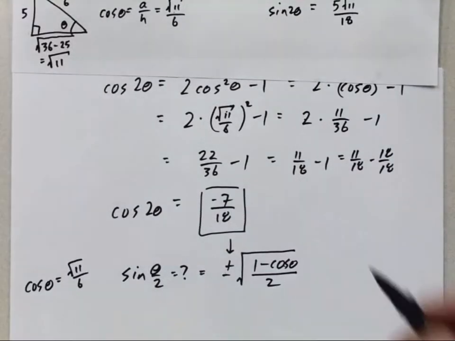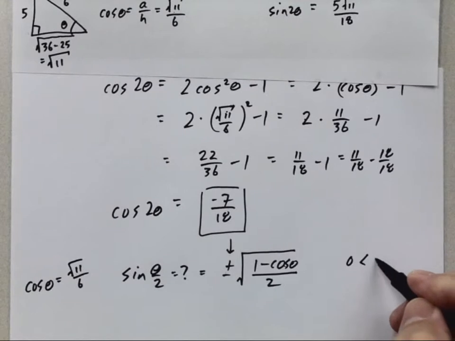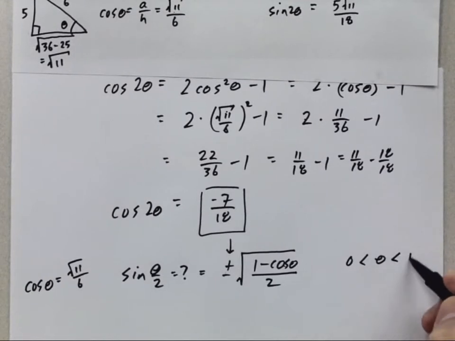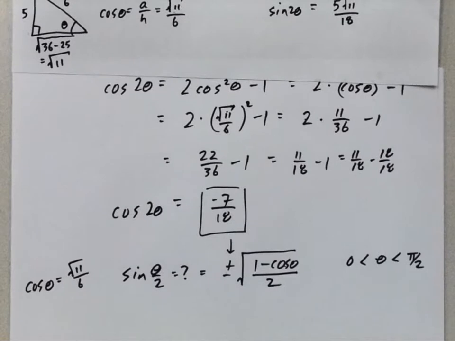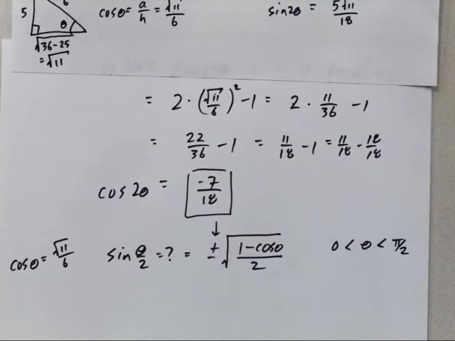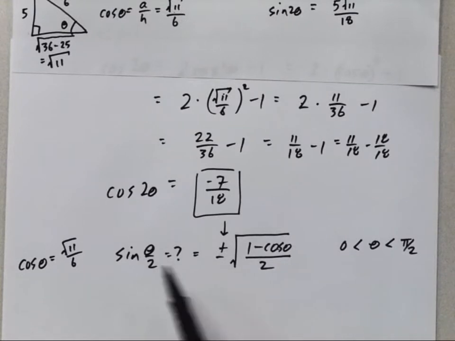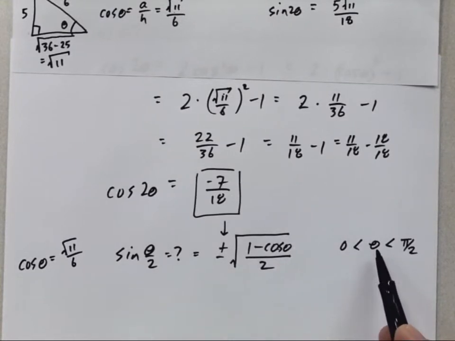So let me rewrite that here. This is the way we're always going to have to work out these half angle problems. You write down the information about your original angle theta. But at this point, I'm trying to figure out what is the sine of theta over 2. Here, I have information about theta. However, what I really want to know is, what about theta over 2?